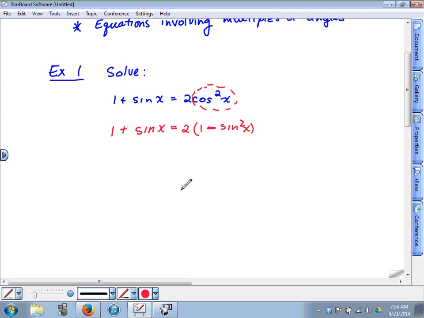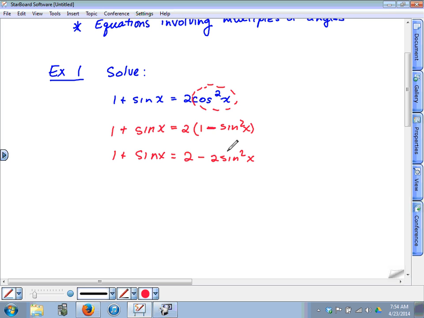If it's going to have to be factored, though, one side has to equal 0. So let's get rid of these parentheses. It's going to be 2 minus 2 sine squared of x equals 1 plus sine of x. It doesn't matter what side is equal to 0, but when you're factoring a quadratic expression, it's best if you can have the quadratic term positive.